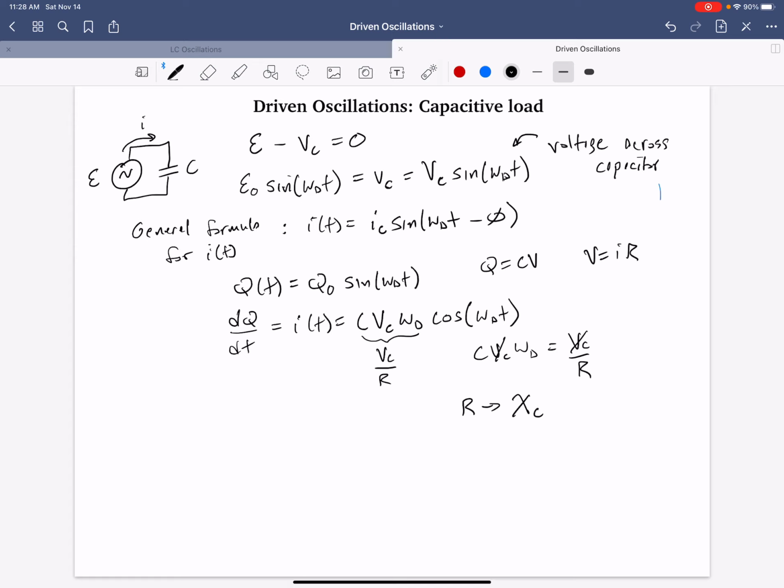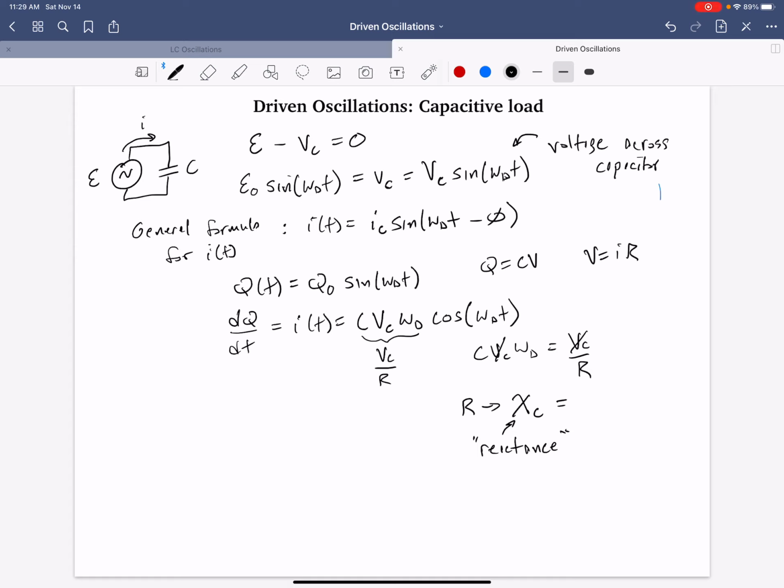This is a new variable, a new term. We have what's called the reactance. This is basically the alternating current analog to resistance. Just having R was good for chapters 26 and 27 for direct currents.